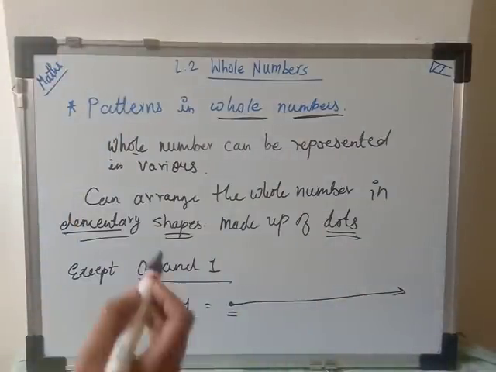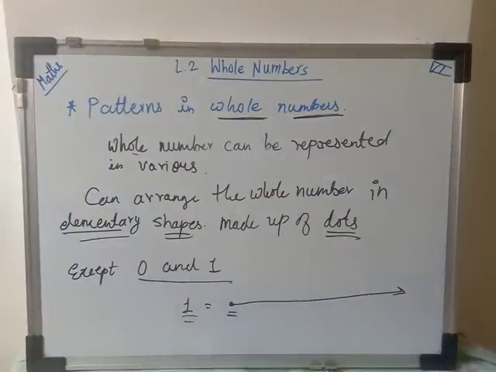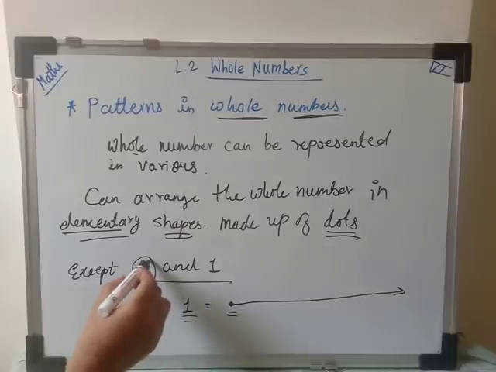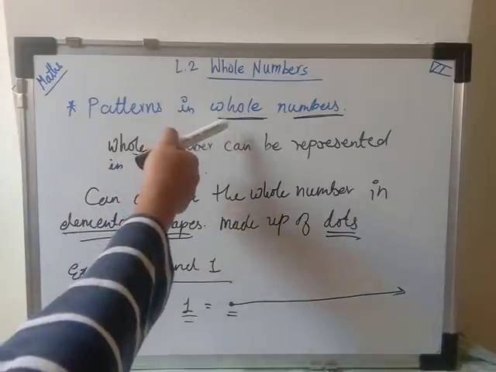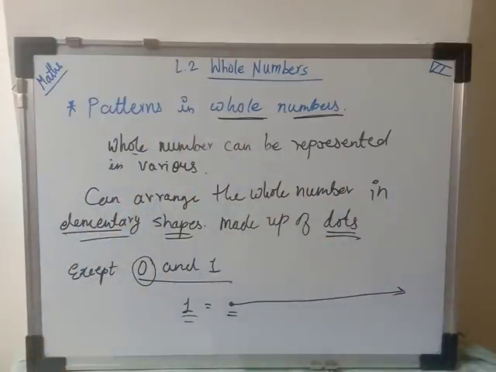So 1 is there, we can make a line for that number, but not for the 0, because 0 is 0, so we can't use a dot or make any elementary shape for the 0. When we are considering whole numbers, we always consider 0, but when making any shape we are not going to use the 0, because we can't take any dot for the 0.